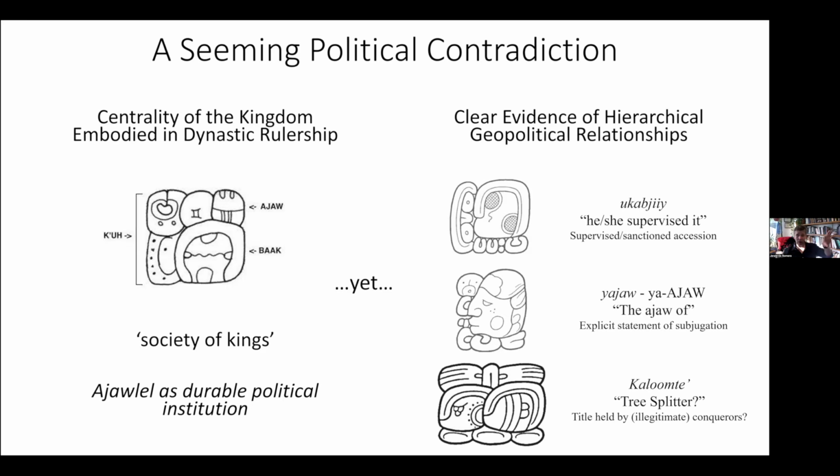Same thing with Tikal or Teotihuacan affiliated Tikal. They're controlling the geopolitical interactions of their vassals. So we definitely have the establishment of these political networks. They last at least a century, and they're pretty durable. They're lasting, but they're not as long lasting as these more fundamental political institutions.